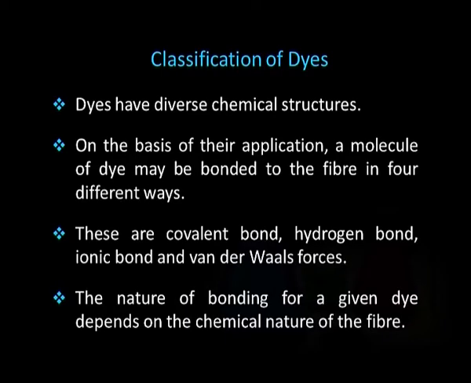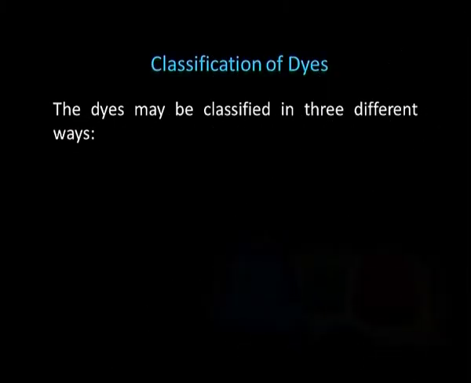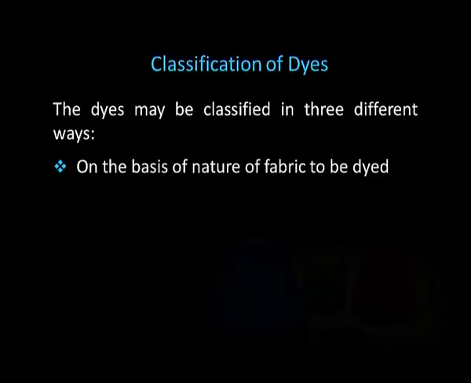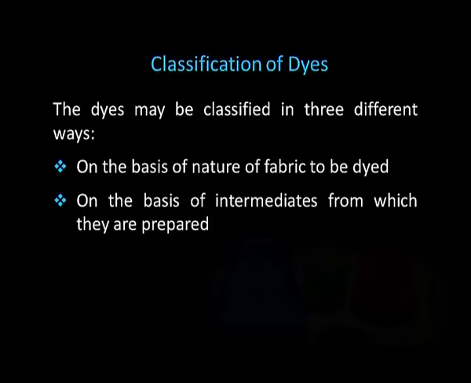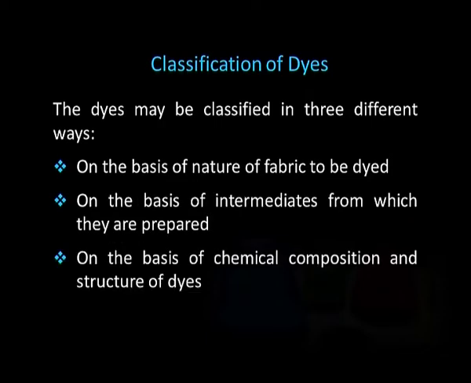The nature of bonding for a given dye depends on the chemical nature of the fiber, and on the basis of application the dyes may be classified in 3 different ways: on the basis of nature of fabric to be dyed, on the basis of intermediates from which they are prepared, and on the basis of chemical composition and structure of dyes. The last two methods are important.